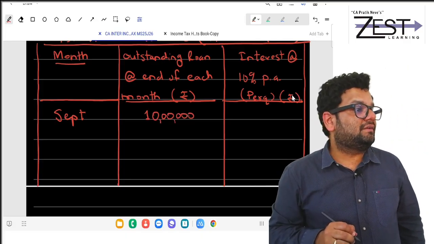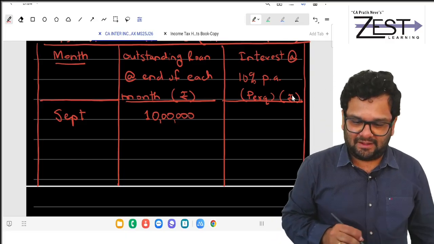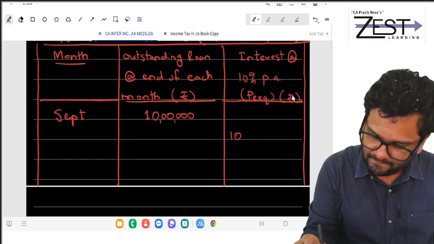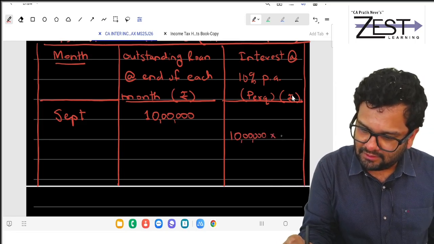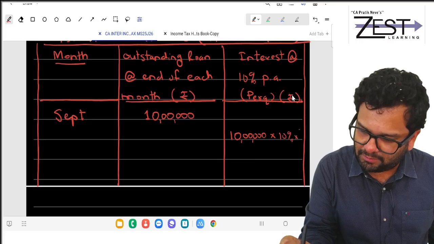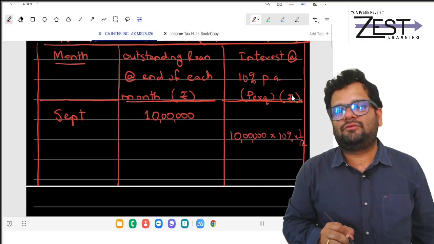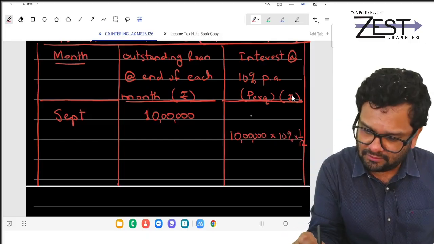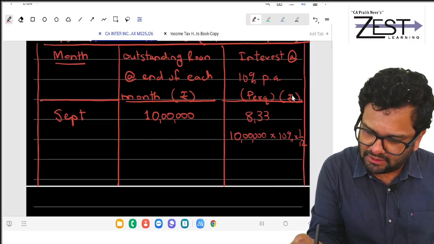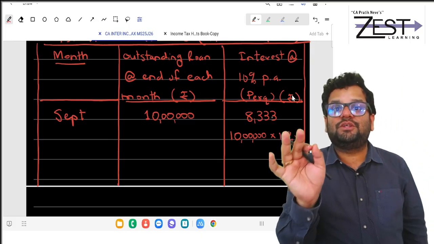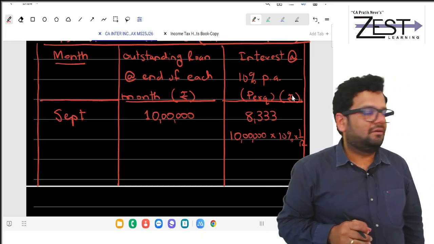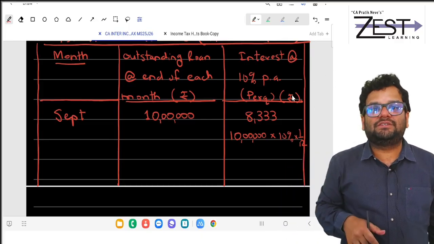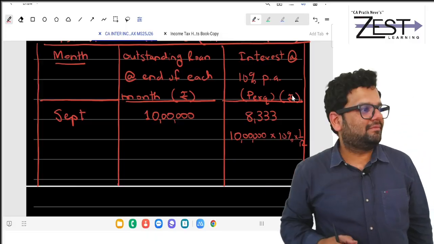What would be the interest for 1 month? So 10 lakh multiplied by 10% multiplied by 1 by 12. 8,333. This much money you have saved because you took a loan from your employer. Government says pay tax on this.